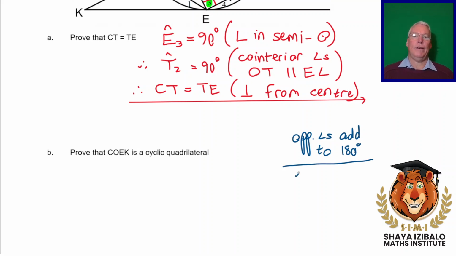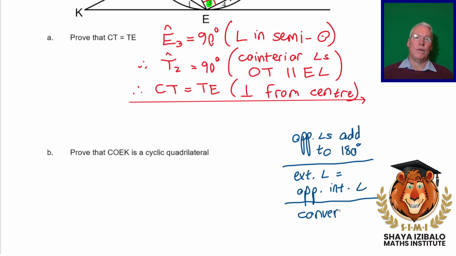That's one. Exterior angle equals opposite interior angle. That's the second way. And the third way is to try and use the converse of the angles in the same segment.